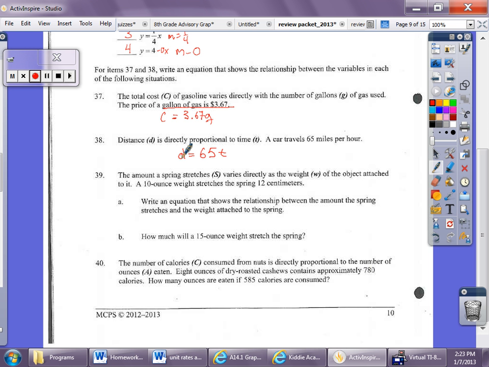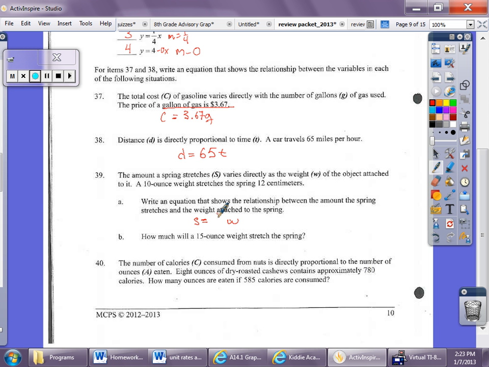When we get to 39, the amount a spring stretches varies directly as the weight of the object attached to it. A 10-ounce weight stretches the spring 12 centimeters. Write our equation. We know that the amount a spring stretches, so S, equals our weight times a constant.